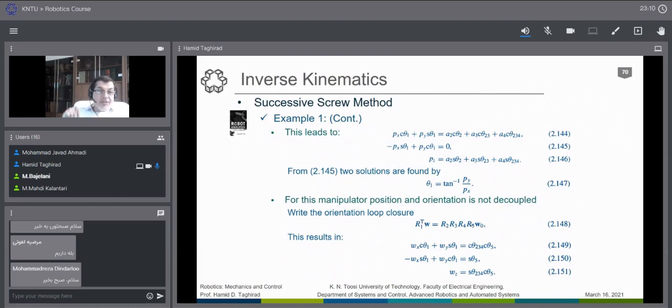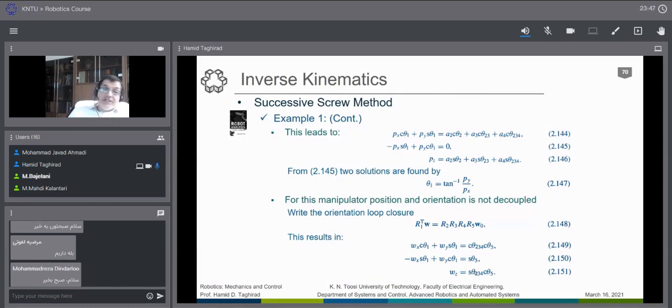But since W is very simple, 0, 1, 0, if you multiply all this together and W, you reach these 3 equations, which is also simple. Not very simple, but it is simple. Now we have 2 equations here with 3 unknowns. We have here 3 equations again with 4 unknowns. Now we have 1, 2, 3, 4, 5 equations with 4 unknowns.